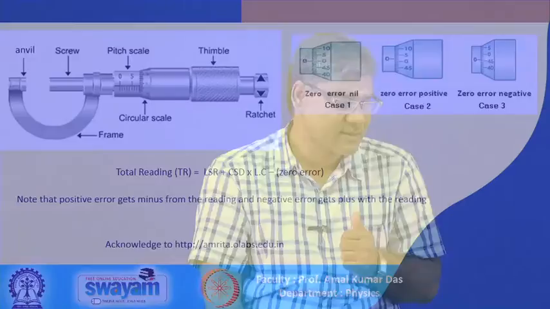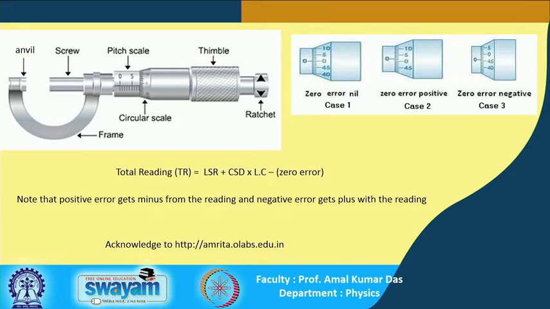So, of these three cases, one has zero error nil, and one has zero error nil. The zero line on the vernier circular scale coincides with the zero line on the linear scale, so the error is nil.